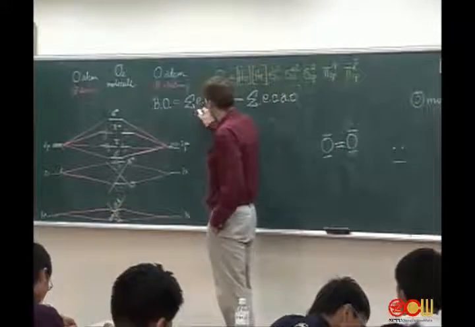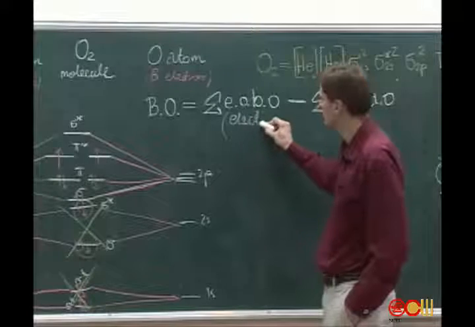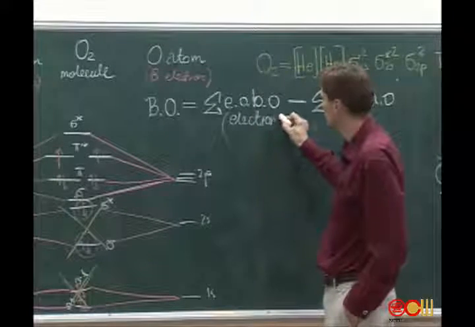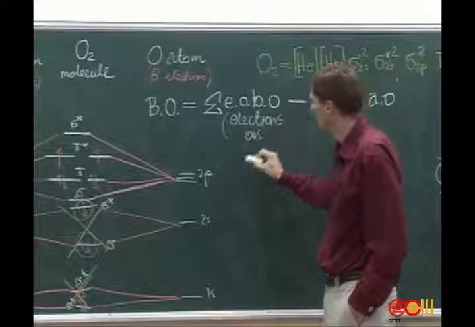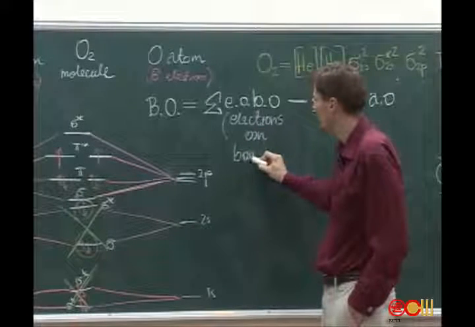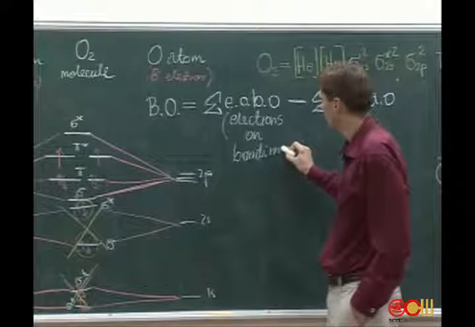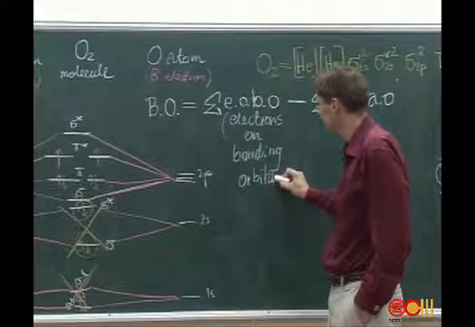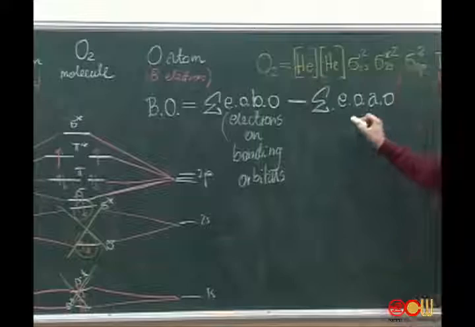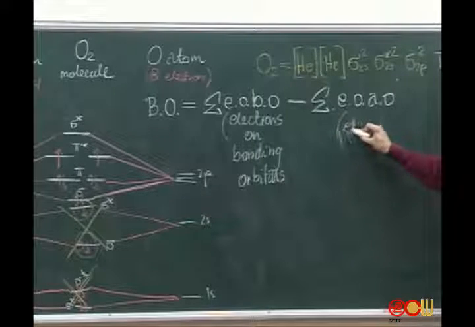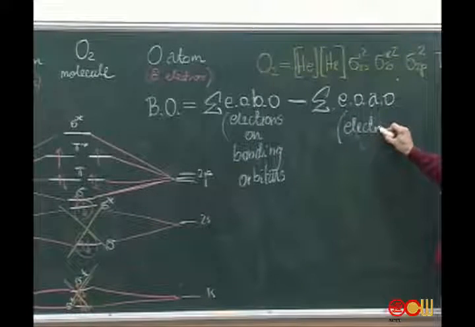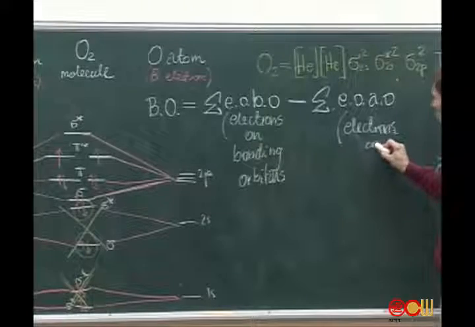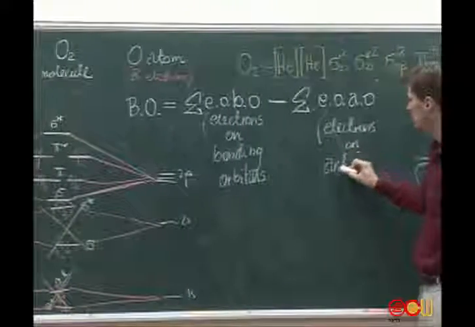So these are electrons on bonding orbitals, and here are electrons on antibonding orbitals.